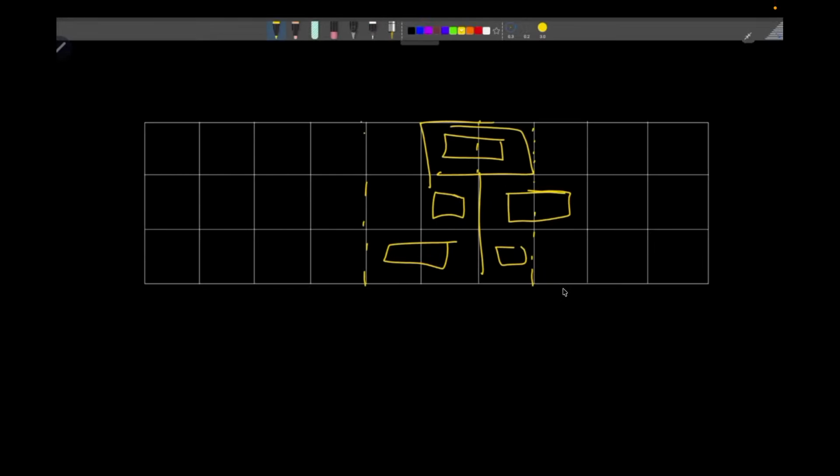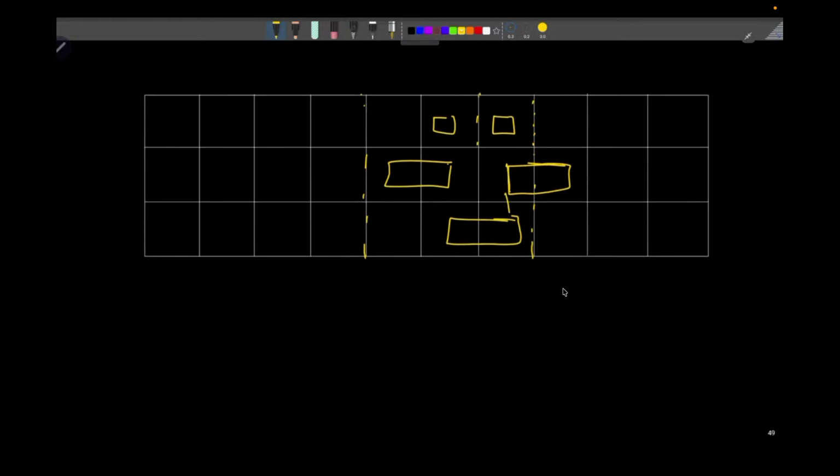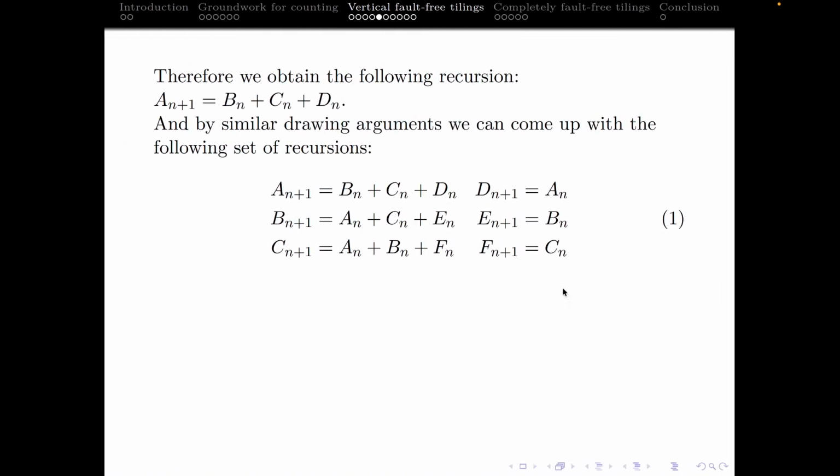And if that domino which we see here is placed below and not above, then that becomes a C profile like this. So it will look something like this, let's say. So this is a C profile. So a B profile which ends at the nth position will necessarily be caused by either an A profile or an E profile or a C profile at the nth position. So that is that.